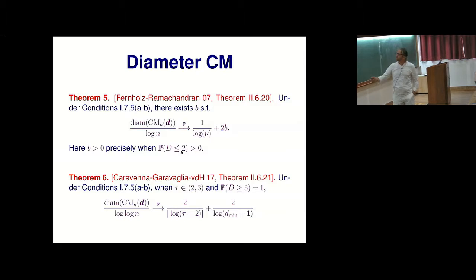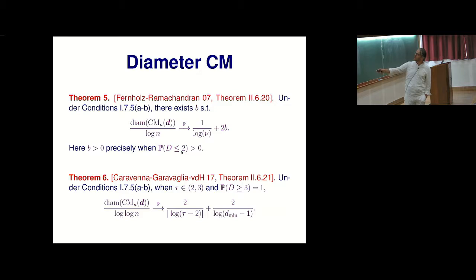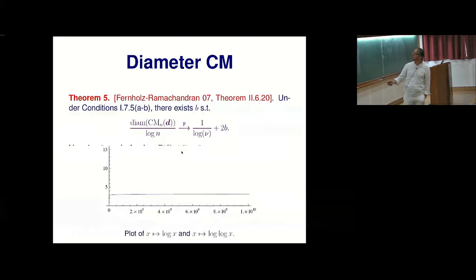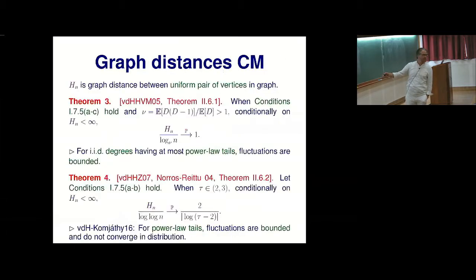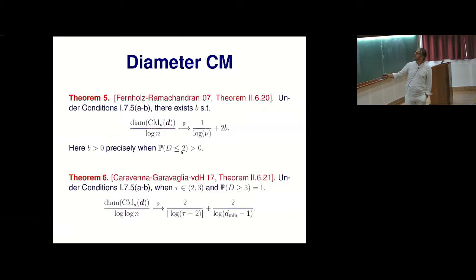And then it turns out that the diameter is again logarithmic in many cases, with a first factor that is actually identical to the factor that we see here, but then there's some added little bit to it. And this added little bit is strictly positive precisely when you have a strictly positive probability that the degree is less than or equal to 2.